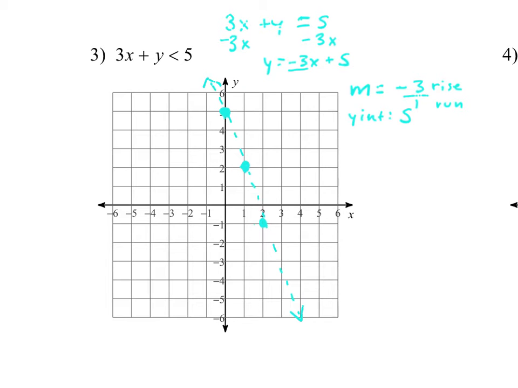So 0 is less than 5. Is this true? Yes. So are we going to shade on the side of 0, 0 or on the other side? The left or the right of this line? The left. We shade with the side that has 0, 0 on it, since it's true.